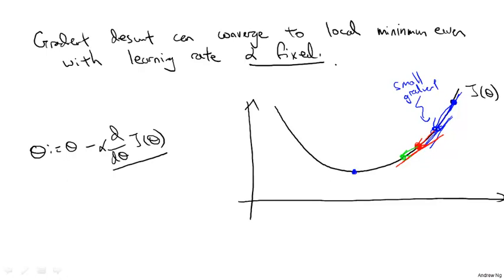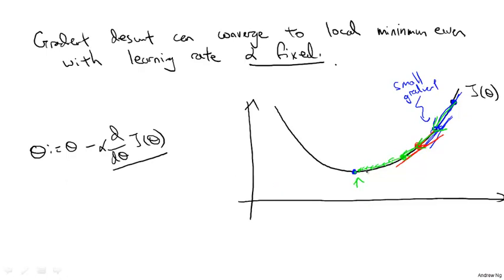As I take additional steps, because I get closer and closer to this minimum, my derivative is getting smaller and smaller. So gradient descent will automatically, having started off with a large step, take a next step that is a bit smaller, and the next a bit smaller, and so on. My steps will automatically get smaller and smaller as I approach the local minimum.